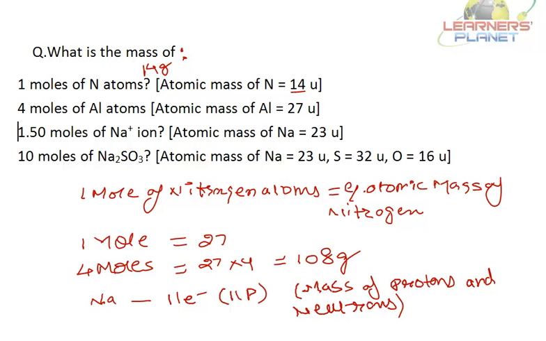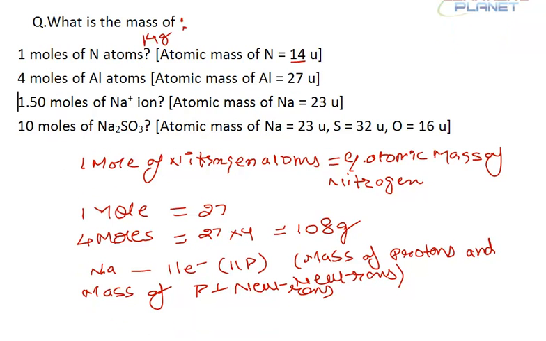Remember that, right? So atomic mass is the sum of mass of protons and the neutrons. So electrons have nothing to do with it. Electrons, actually the mass is negligible, right? The mass of electron is 9.1 into 10 to the power minus 31 kg. So its mass is neglected.